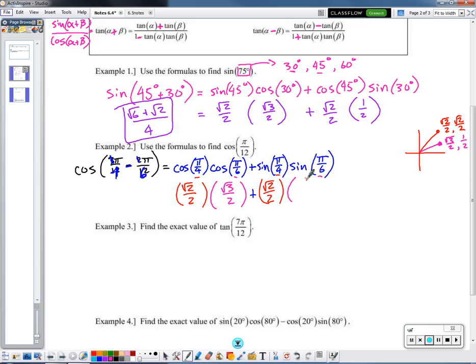And again, when I take that product, I'm going to multiply. I can multiply different radicals. So it's going to give root 6 over 4, and this is going to give me root 2 over 4. It's going to be a sum, so they're both over 4. I have root 6 plus root 2.